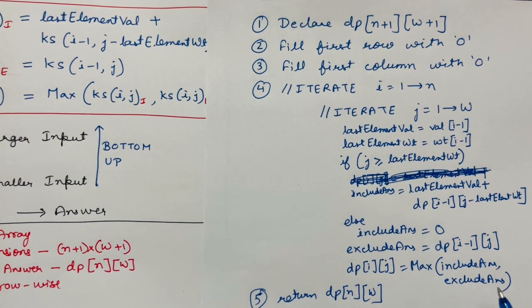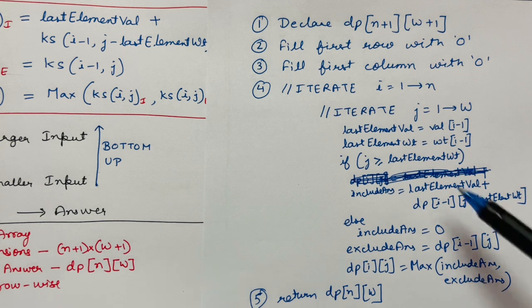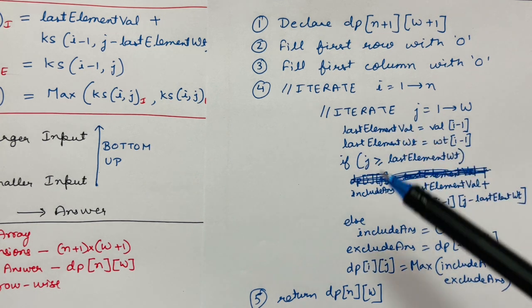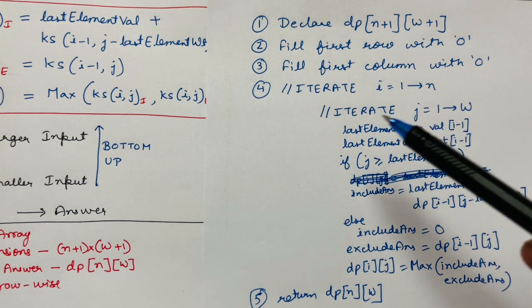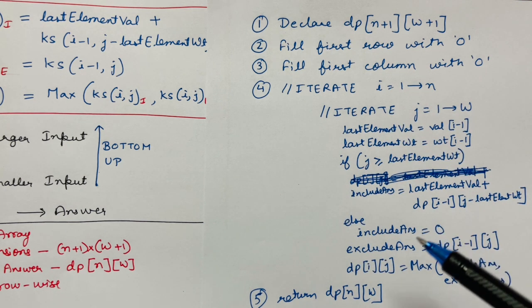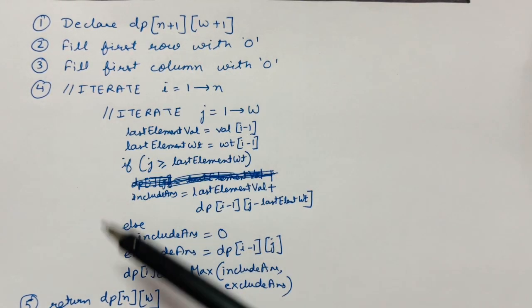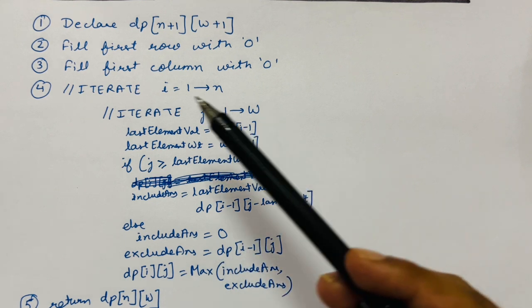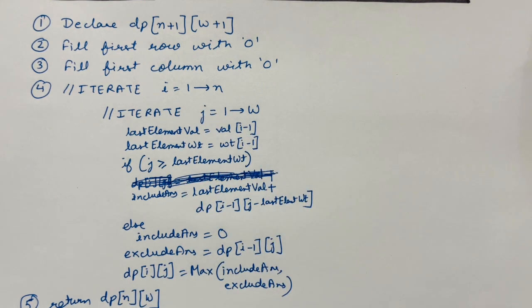So we take the maximum of the two and put that in dp[i][j]. This way we can fill the values at dp[i][j] and we can fill the whole matrix. When we are done with all the iterations, our final answer will lie at dp[n][w]. This completes our bottom-up dynamic programming algorithm for the knapsack problem.